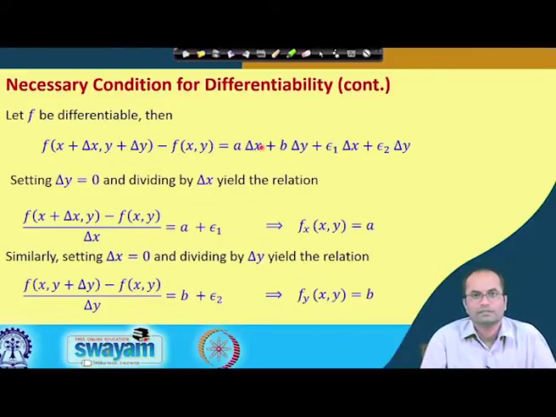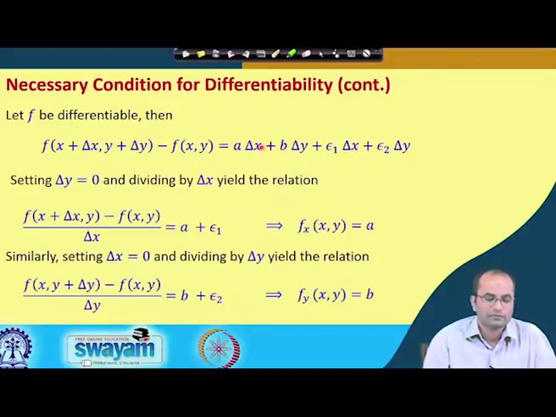If the function is not continuous, or one of these two partial derivatives does not exist, we can immediately claim that the function is not differentiable, because these two are necessary conditions: the continuity of the function and the existence of partial derivatives. So if one of these conditions is violated, then we can immediately conclude that the function is not differentiable.